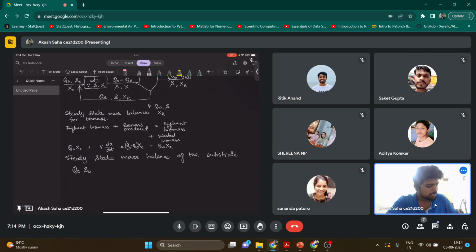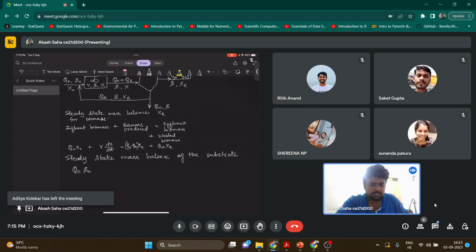Now in my previous equation the biomass was produced, so it was plus dx by dt, but here my substrate is being consumed, so it will be minus ds by dt. Again we will multiply with the volume term, so it will be V ds by dt. And it will be equal to Q naught minus QW into S plus QW into S.